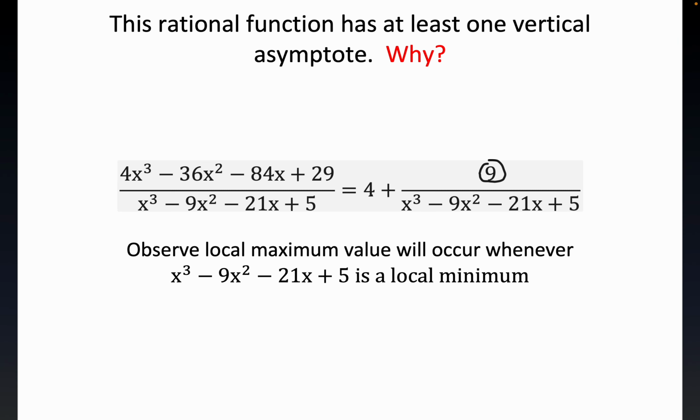So the approach here is just some standard calculus. We'll call the denominator f of x. So f of x equals the denominator term. We'll do the usual: take the derivative, find the critical values, and then use the second derivative to determine if it's a maximum or minimum. Okay, so f prime.